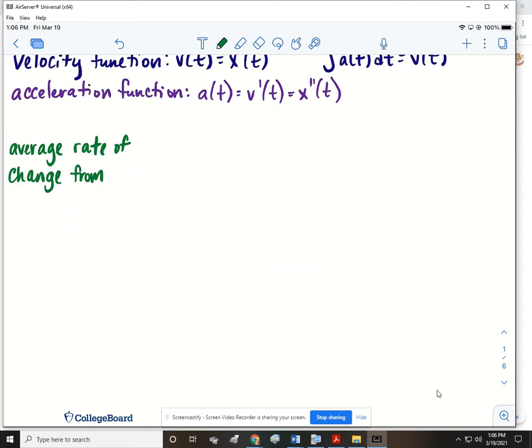This is the average rate of change of f from A to B. All right, so for average rate of change, we're really just using the slope formula.